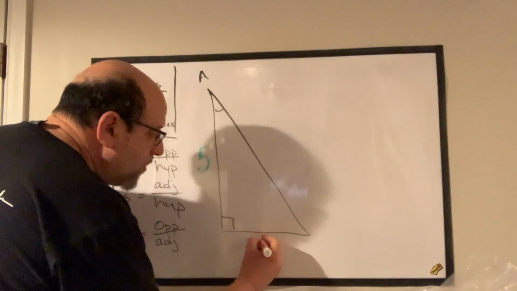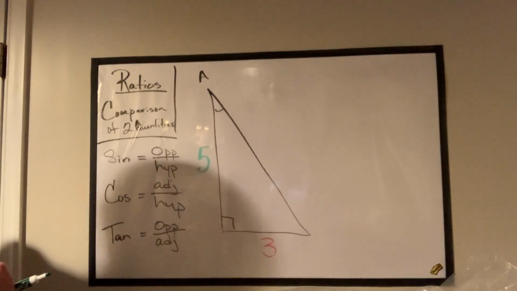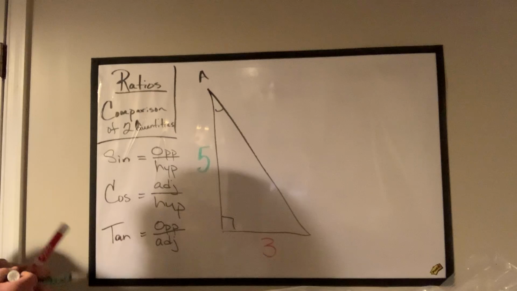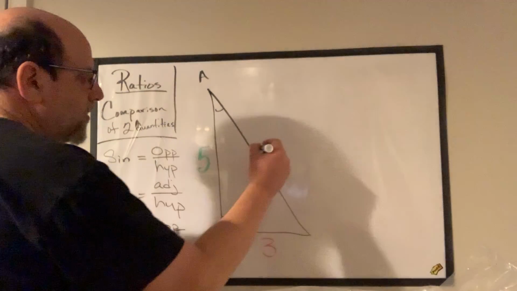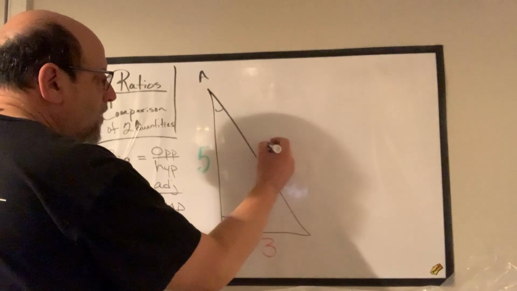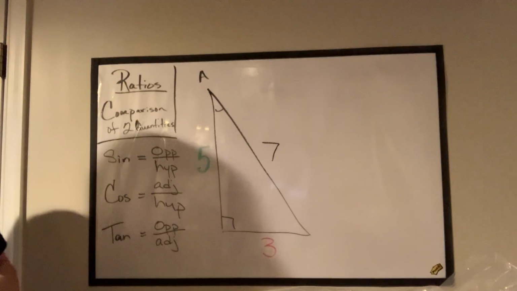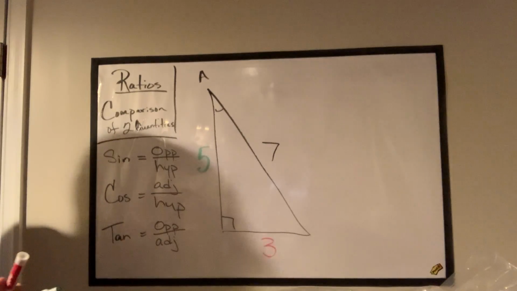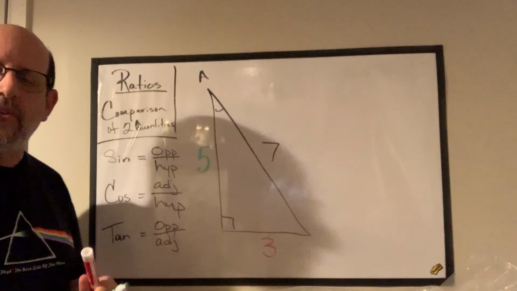This down here, we'll call it 3 whole units there, okay? And last but not least, we'll have the hypotenuse, and we'll just say for our purposes today that it's 7 units long. It's really not. We would have to use the Pythagorean theorem to do it, but I just want you to know that for our purposes, let's just use these numbers for right now.